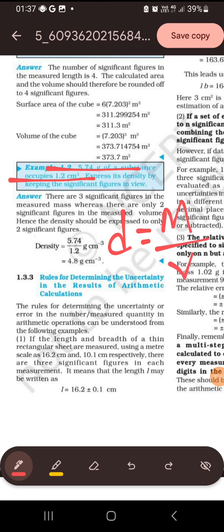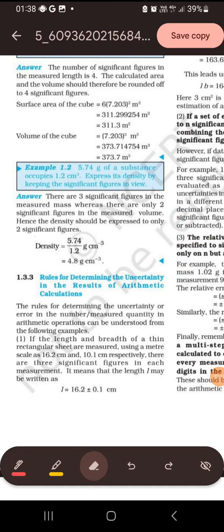Enter the value of mass and volume here. The point to note here is that the least significant figure is 1.2, so it has two significant figures, so our answer should also be in two significant figures. That's why it is given as 4.8, which has two significant figures.